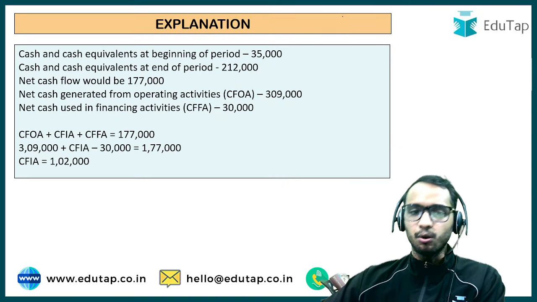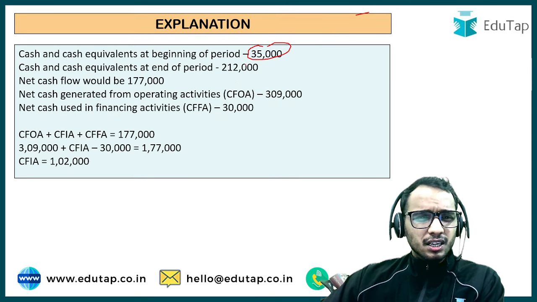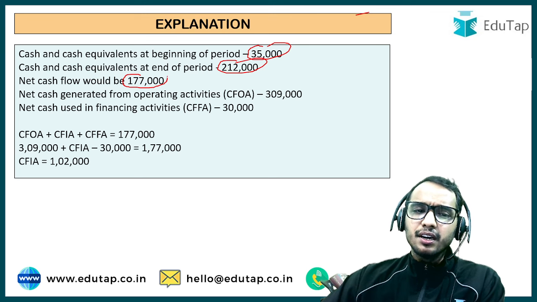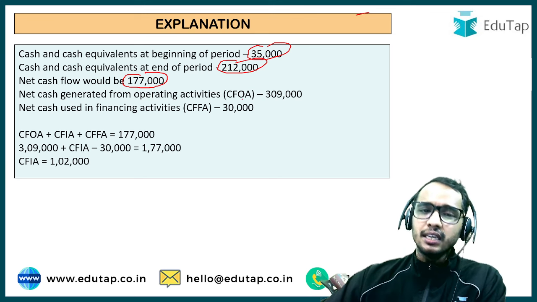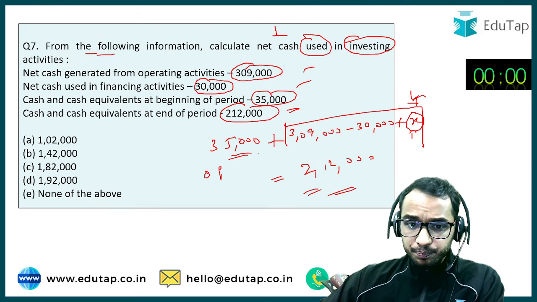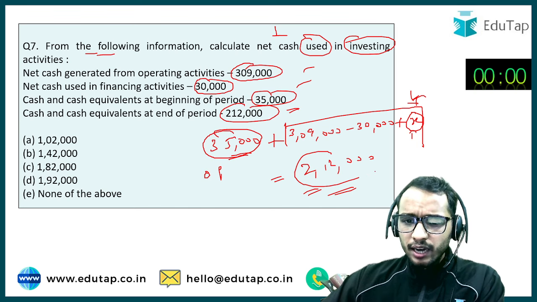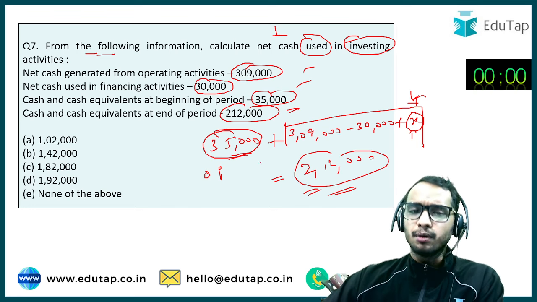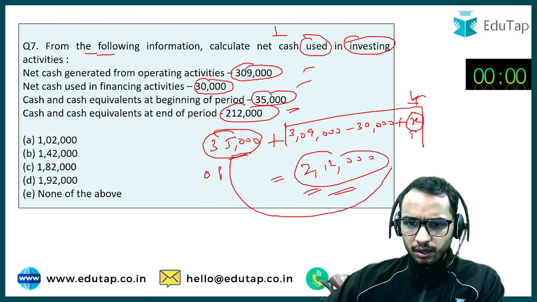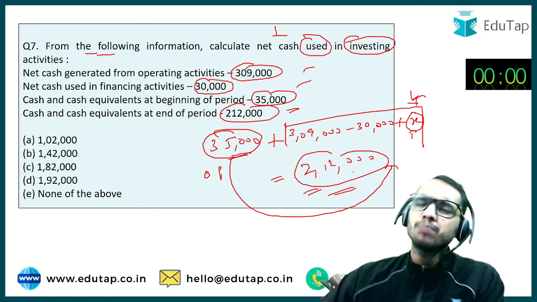Okay, let's look at the calculation now. See, this was the beginning, this was the end. So what we did, we have the net cash flow from the year itself, this amount which we discussed in the earlier slide, 35,000 and 2,12,000. When you transpose this 35,000 here, it will become 2,12,000 minus 35,000.